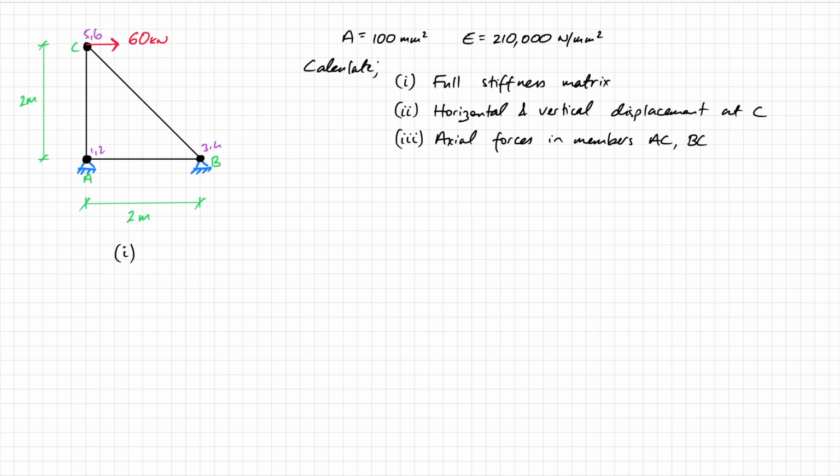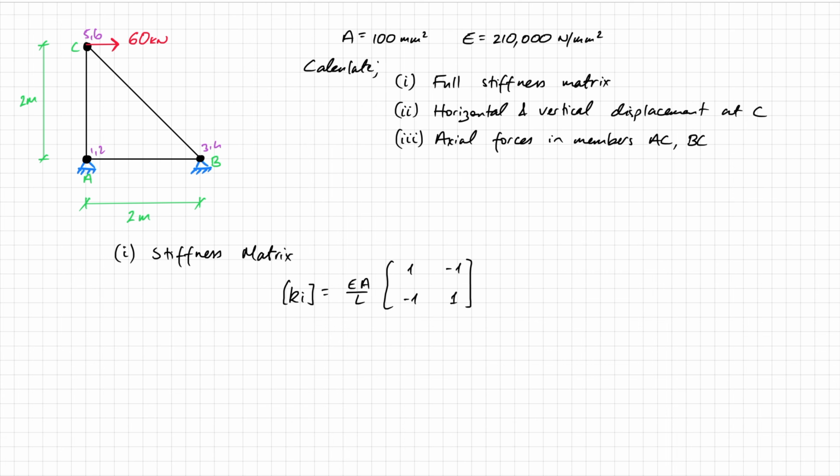As we said, the first thing we need to do is find the stiffness matrix for the whole structure. And to do that, I just want to quickly put out a reminder. Each truss in its own local coordinates has a local stiffness matrix of EA over L times [1, -1; -1, 1]. You can go back and see exactly how we developed that in lecture number 2.